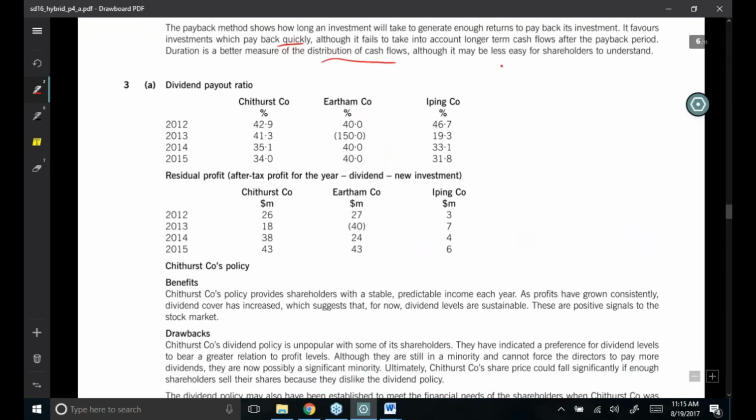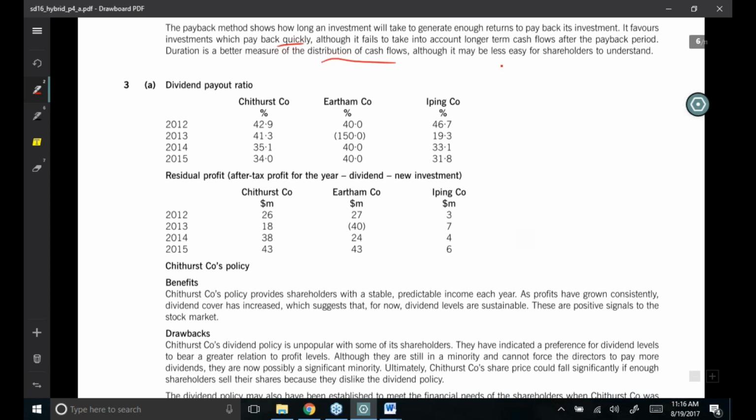Okay, what we have done, we have calculated the payout ratio of these three companies. The payout ratio of the first company is changing every year. But if we recall the question, if you open the question on another screen, the dividend of this company was the same.